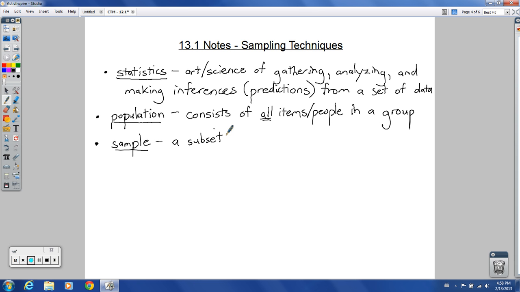If it's a good sample, it's supposed to be representative of the population. So it's a subset of the population, though. Often used to make predictions about the entire population.